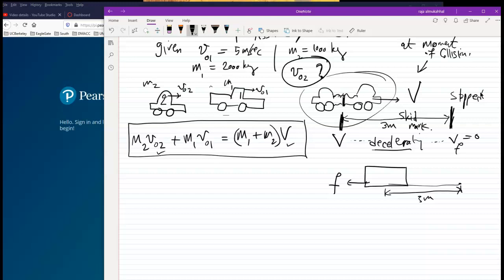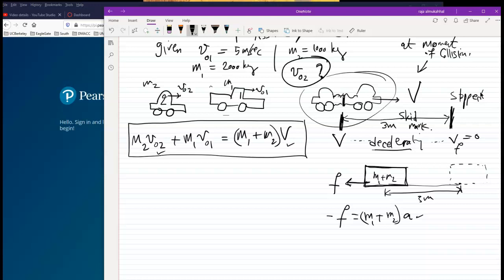But let me appeal to dynamics, the equation of the friction force. That's the only force on it until it stopped here. So we can say that F equals M, remember this is M1 plus M2, times A. I can put a minus sign there as an opposite, but the minus is not important really. I'm merely interested in this acceleration.